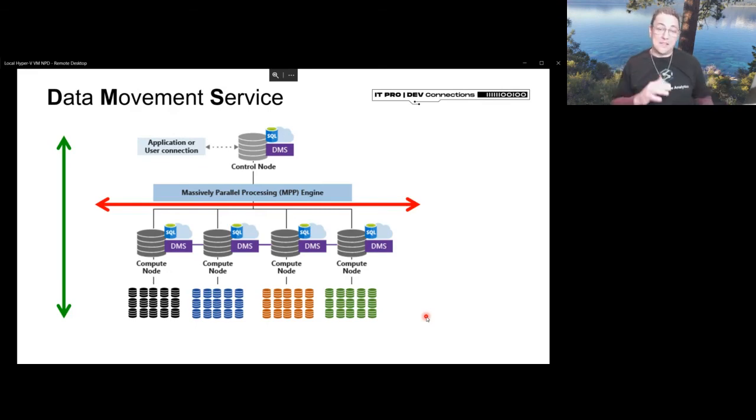So you're going to select a column that will distribute the data in a way that all compute nodes will always be requested to process your data. And you're going to keep your data movement in a vertical fashion, not in a horizontal fashion, which is in between compute nodes, right?